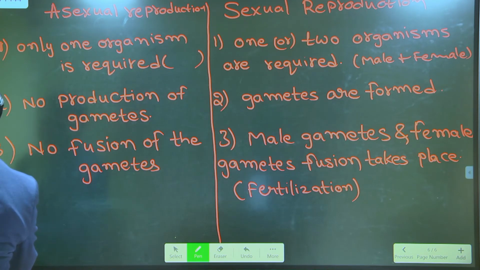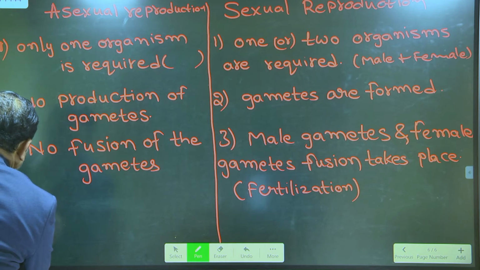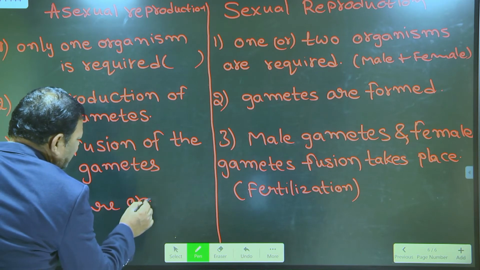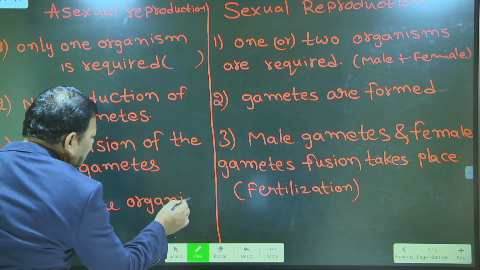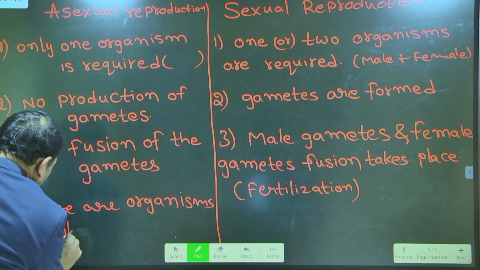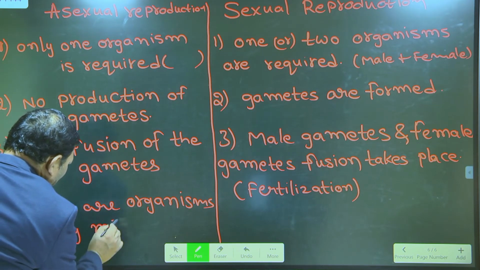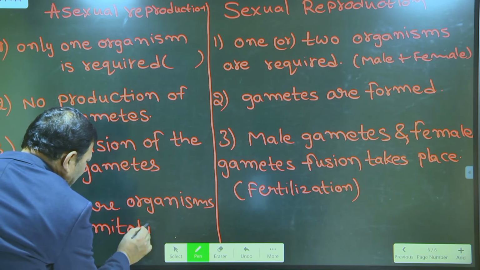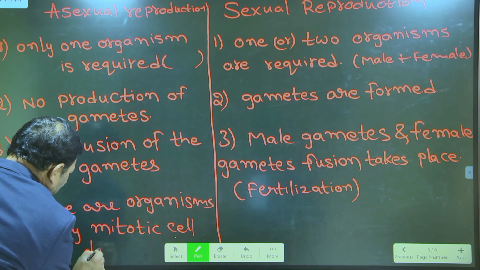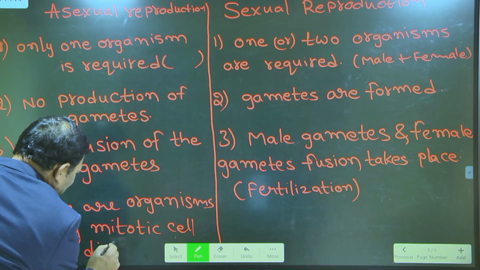Next, the fourth point. In asexual reproduction, we can see only mitotic cell division.